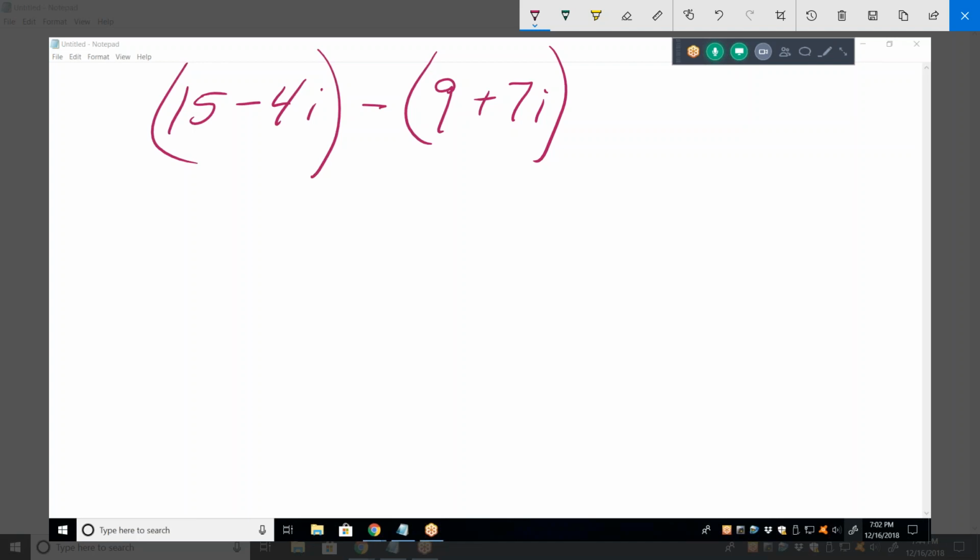So what do you get when you subtract the reals? You get 6. What do you get when you subtract the imaginaries? Well, here's what we have. We have minus 4i is what we're starting with. We're going to subtract a 7i. That is minus 11i.